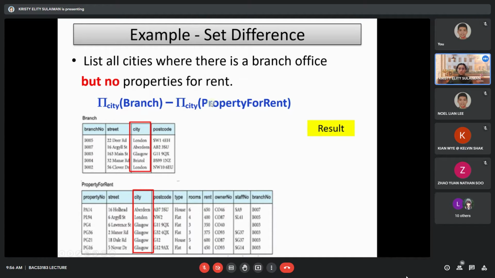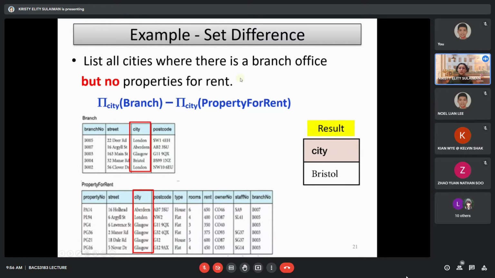We use the set difference operation to combine these two relations, these two projections, to produce the result of this query.